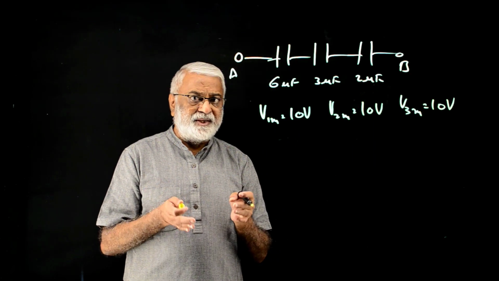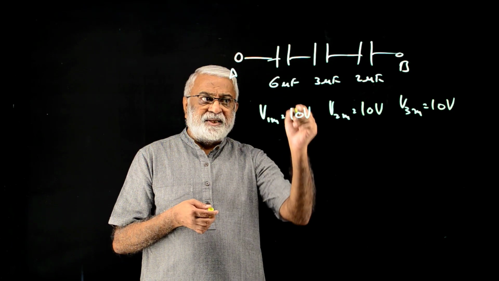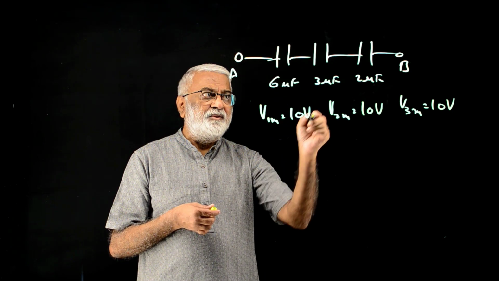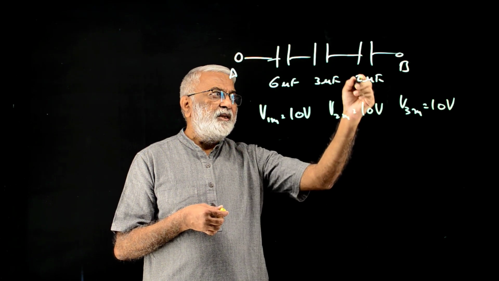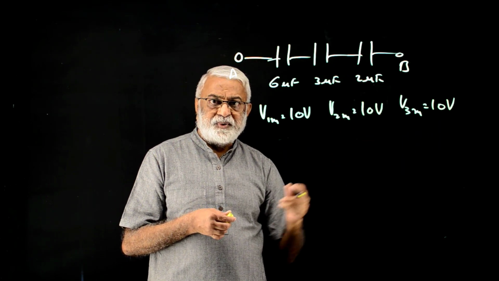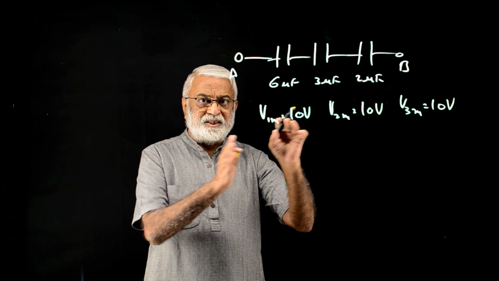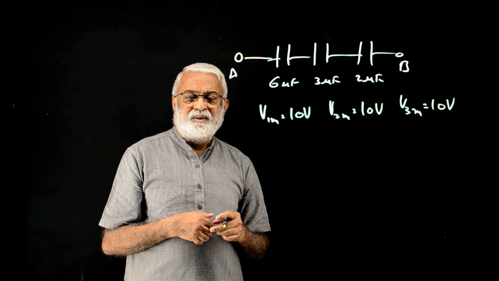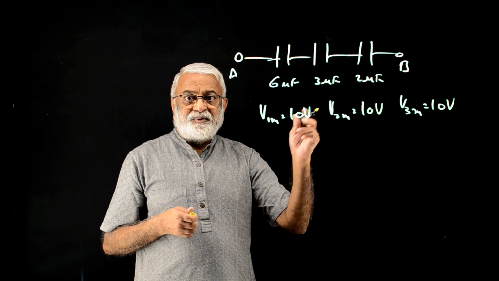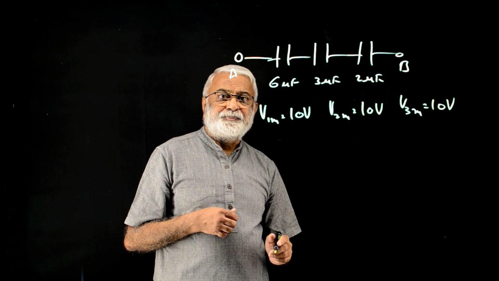You do the calculation the same way as earlier. This can store a maximum of 60 microcoulomb. This can store a maximum of 30 microcoulomb. This can store a maximum of 20 microcoulomb. So the least of the maximas is 20 microcoulomb, so you can store a maximum of 20 microcoulomb on this combination.